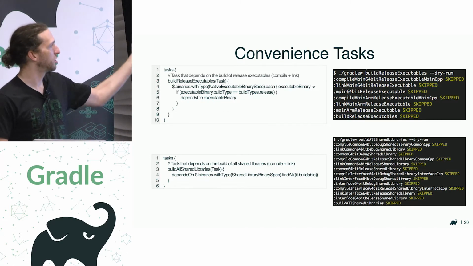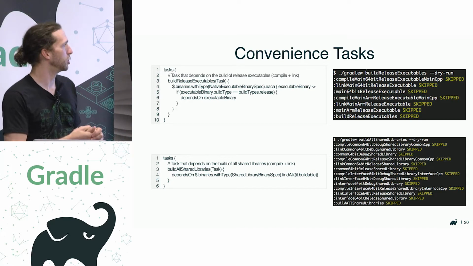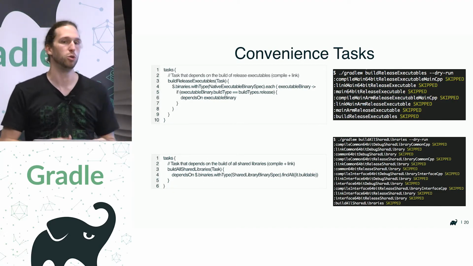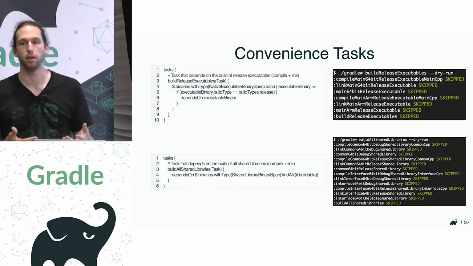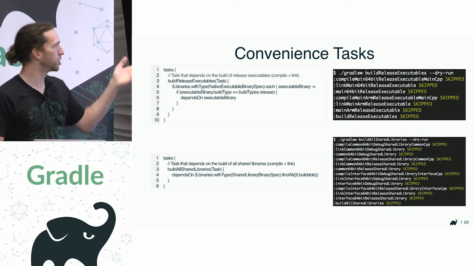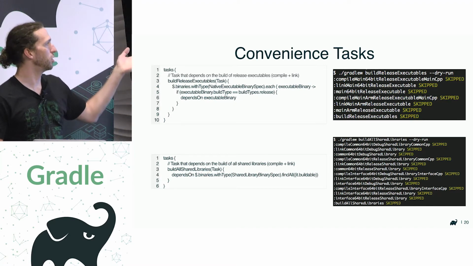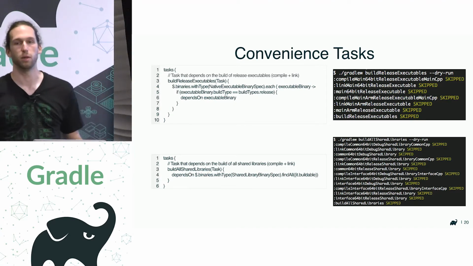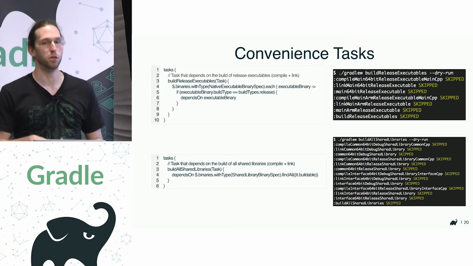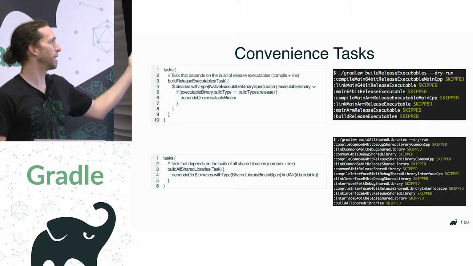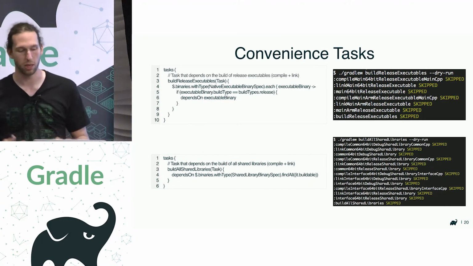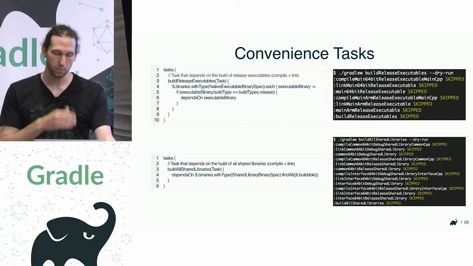Then we subset it by grabbing just the native executable binaries, and it's safe at that point to use the .each because the container is already configured. We loop through each executable binary, and we have a conditional here to say that we want the matching build type to be the release type. If that's matched, we add a dependency for that task on the binary.